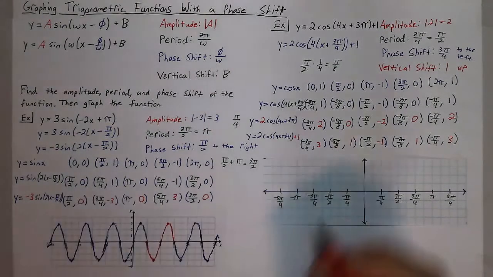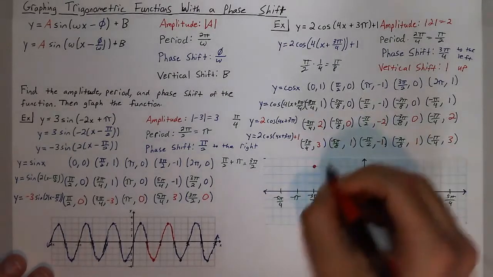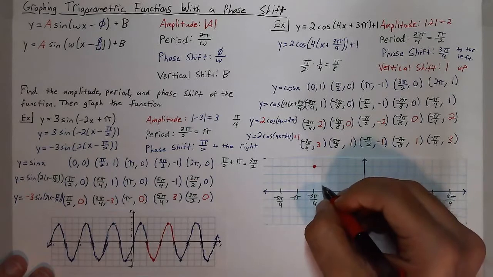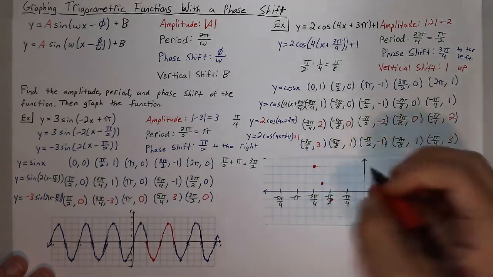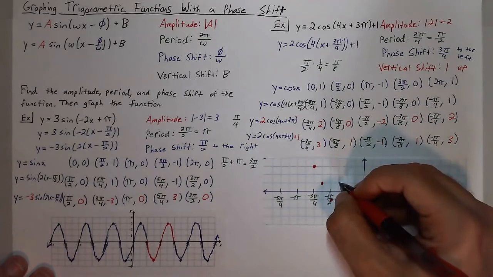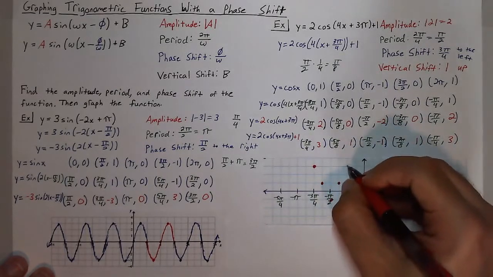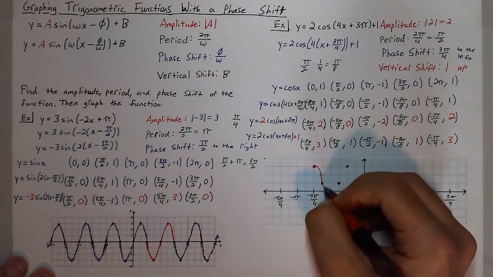So starting here at negative 3 pi over 4, it's going to be at 3. Then negative 5 pi over 8, which is right here, it'll be at 1. Negative pi over 2 will be at negative 1. And then 1 at negative 3 pi over 8. And then 3 at negative pi over 4. So again, this is one cycle of cosine.